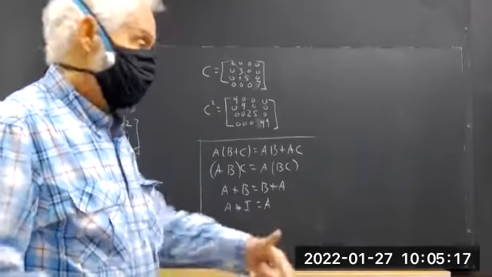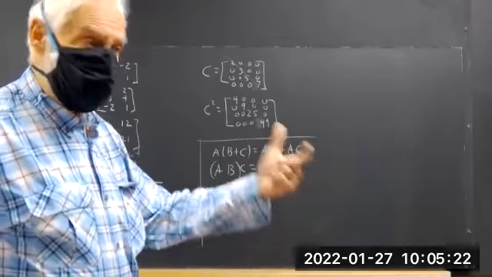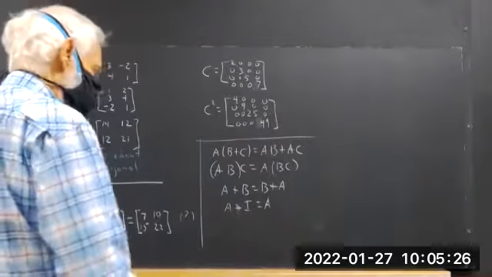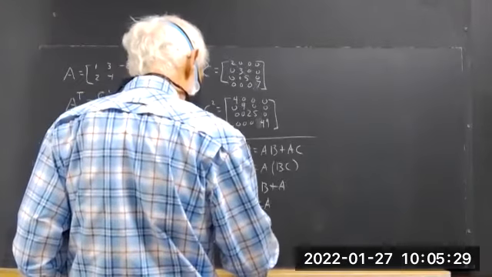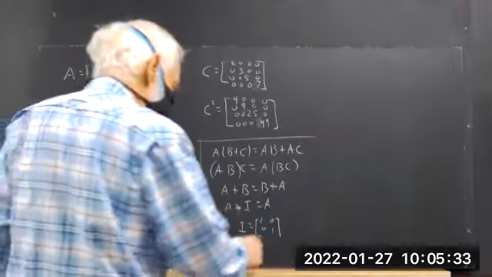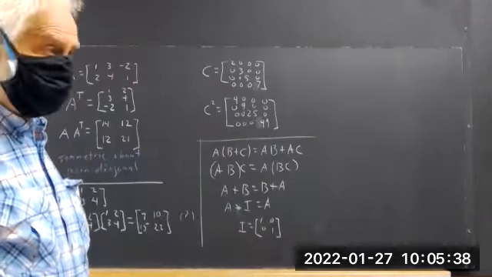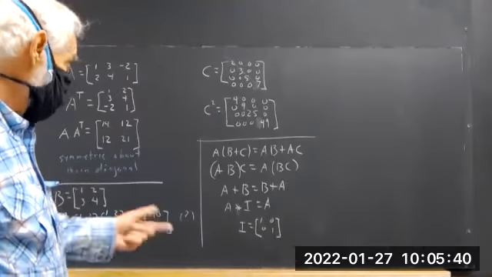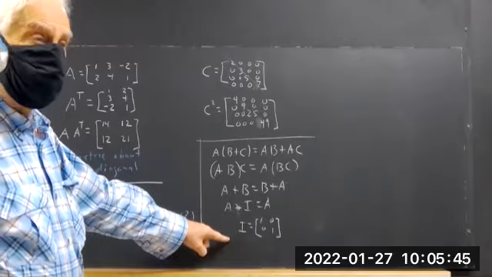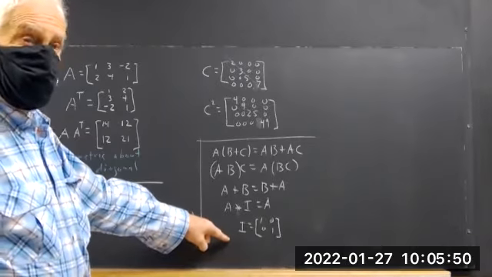Okay? The identity matrix acts just like 1 does for multiplication. Multiply a number by 1, that's what you get, the number. Okay? The identity matrix is 1, 0, 0, 1. Multiply a couple of matrices by identity matrices, and you'll understand. Okay? So I recommend that you do that just to convince yourself that this really is true, and to convince yourself of why it's true, because if you don't know why it's true, you lose track of the fact that it is true.